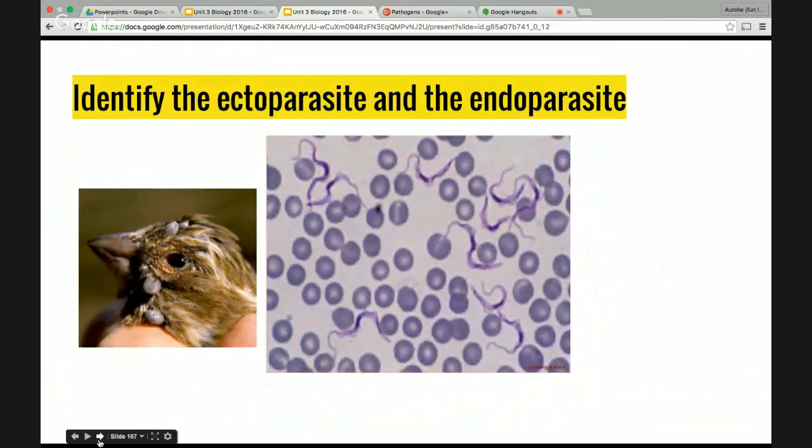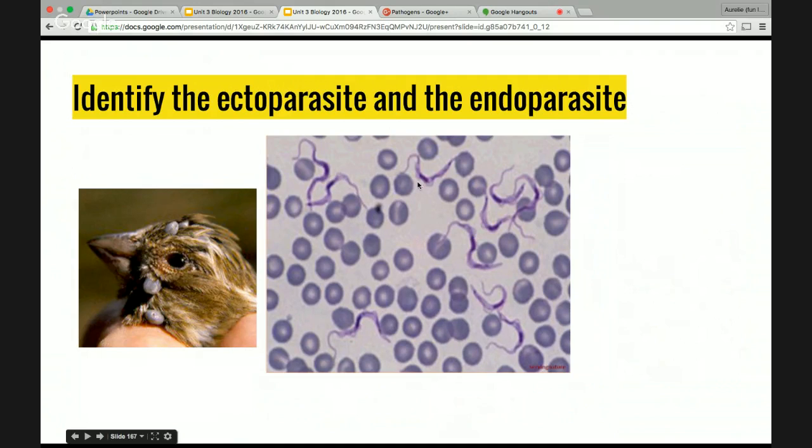All right, so here are two pictures. A bird here with some parasites on the outside attached to it. I think those are some kind of insect. And here, those are actually bacteria inside the blood.